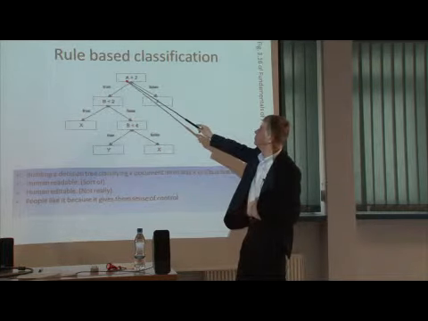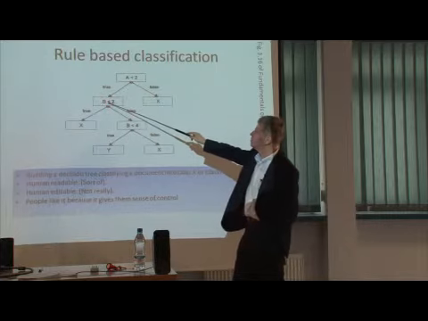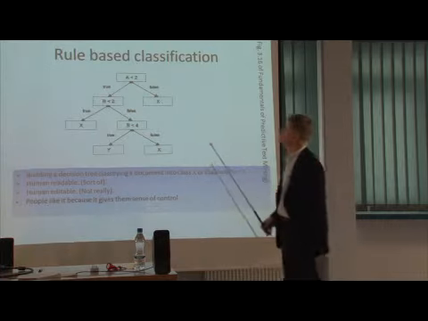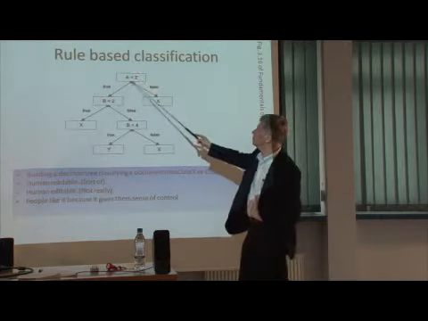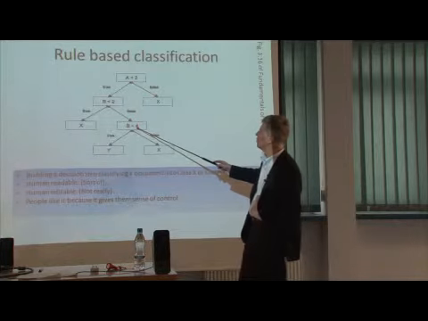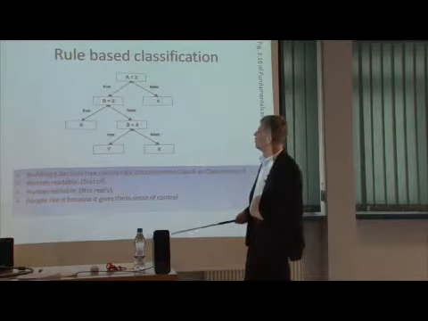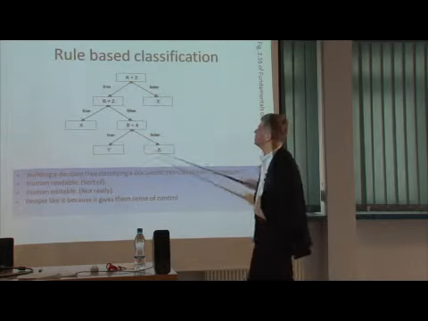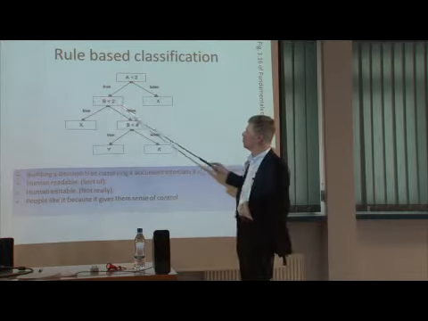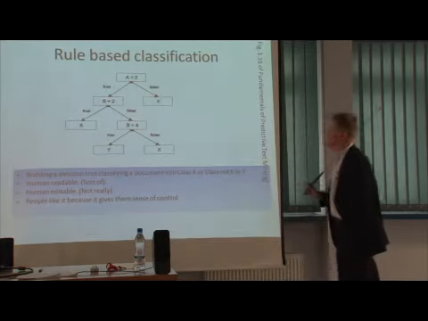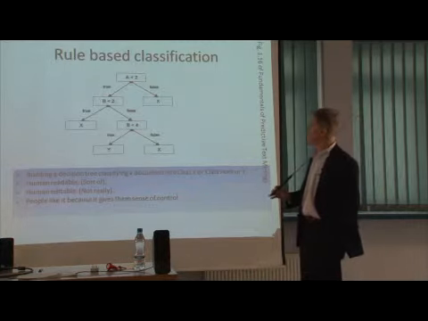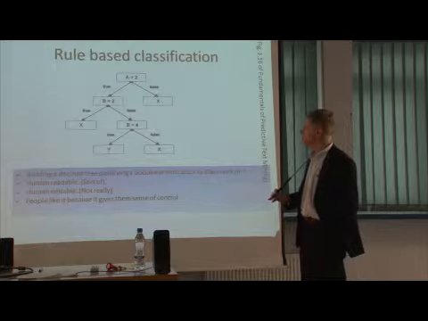If it's true, then check the feature B. If it's less than 2, then put it in bucket X. On the other hand, if A is less than 2 and B is less than 4, then put it in the bucket Y. So this is the decision tree, because you check some conditions, and depending on these conditions, you make a decision about which class a document belongs to.